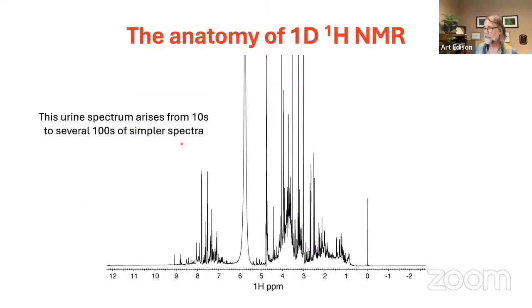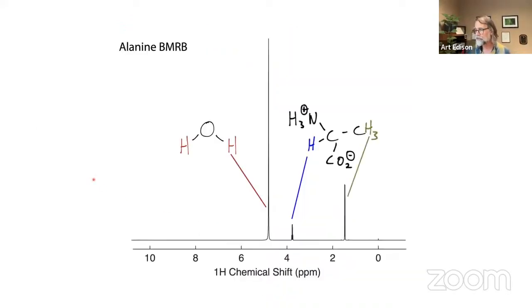So I'm just going to use some of these BMRB spectra to give you a sense of how this really complicated urine NMR spectrum is built up from scratch. For example, here is alanine that you can get off of BMRB. What you have in the center is the water, residual D2O, even though they eliminated it, it's not totally gone.